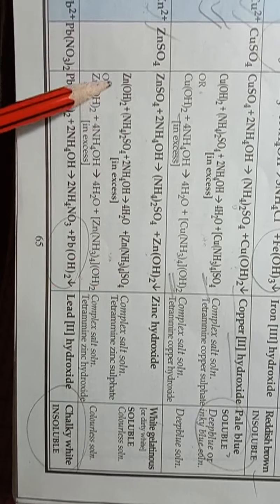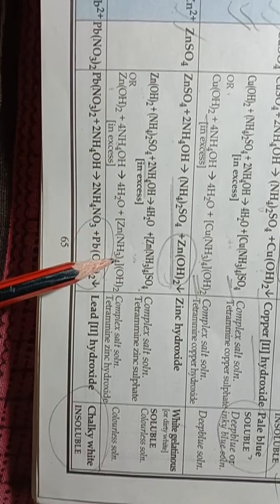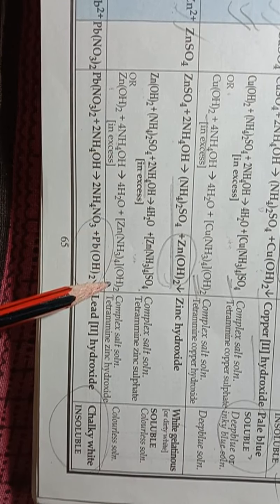You can see in this reaction, when you add excess ammonium hydroxide in the medium of the first reaction, you get tetraamine zinc sulfate. You can also take only zinc hydroxide PPT and add excess ammonium hydroxide to it. Then again you will get the tetraamine zinc complex ion. Okay, students, and this complex ion solution will be colorless.